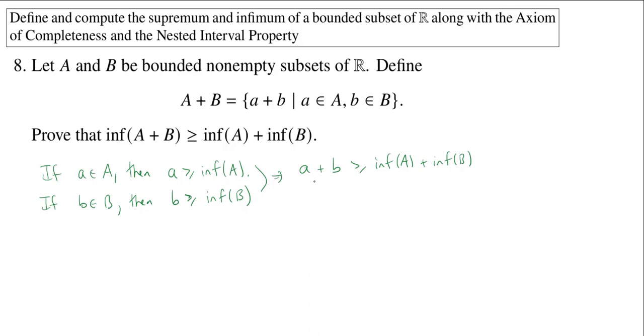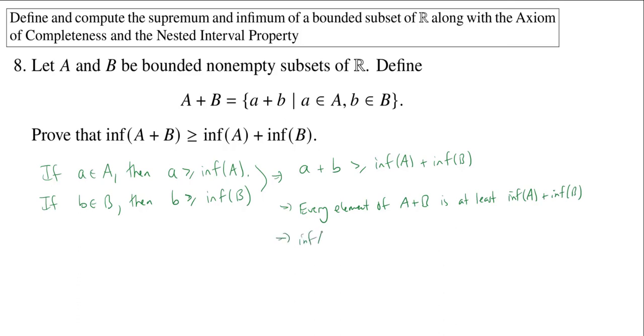Now a plus b is some generic element of the set A plus B. And we've just shown that every element of the set A plus B is at least inf of A plus inf of B. So this tells us that the sum of the infimum of A and B is a lower bound for the set A plus B.